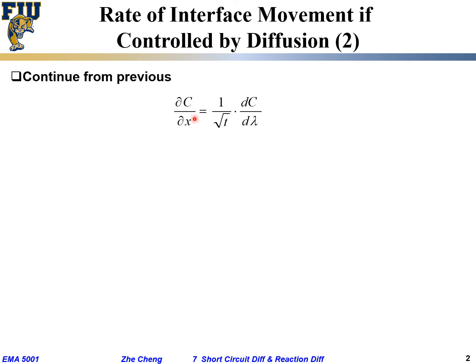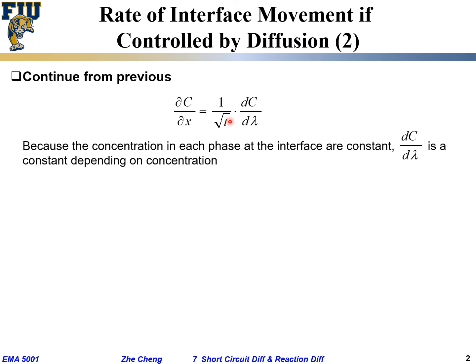And then this is what we have from previous. We did the transformation. Concentration with respect to location becomes dc over d lambda derivative times square root of t. And then we are going to simplify again. Because the concentrations in each of the phases at the interface are constant. Right at the boundary, the concentration in alpha and in gamma are essentially constant, determined by the so-called phase boundary.